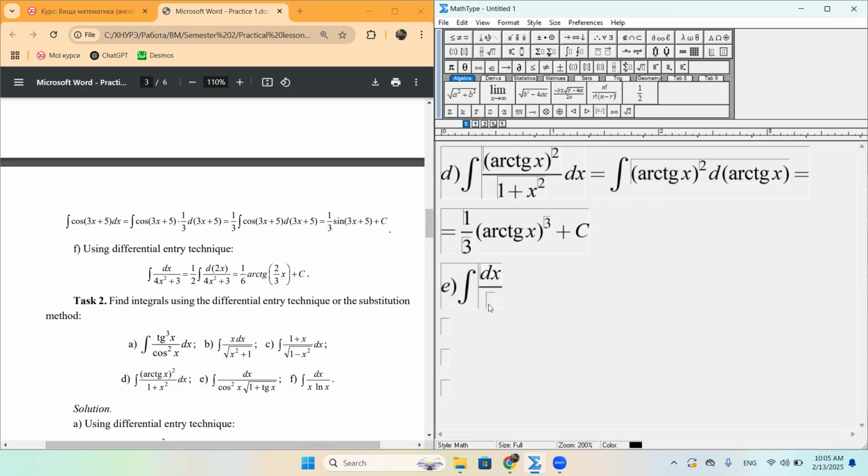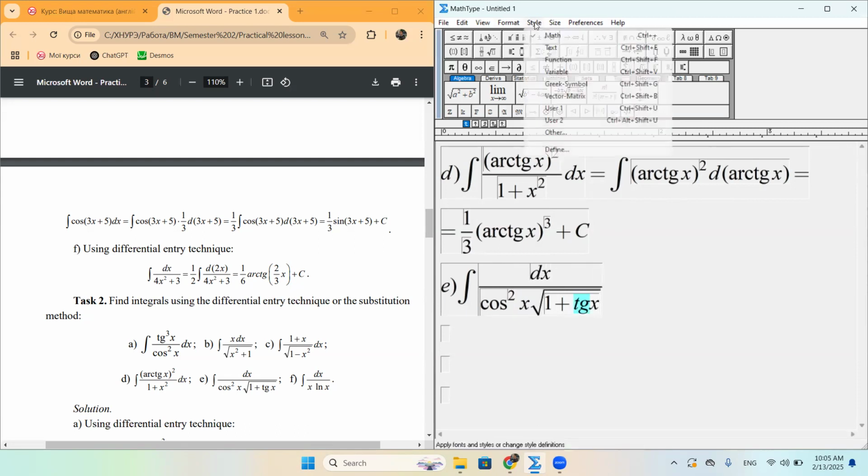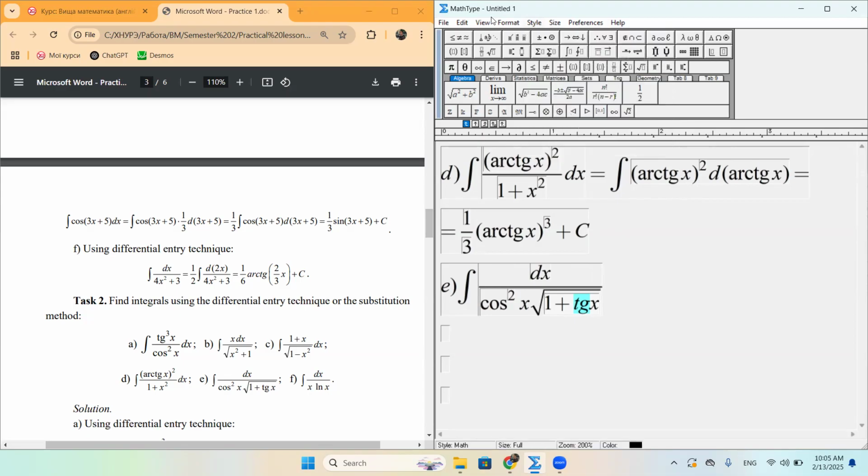And now the next integral. dx by cosine squared of x multiplied by this expression. What can be moved under the differential? Who else can suggest something?